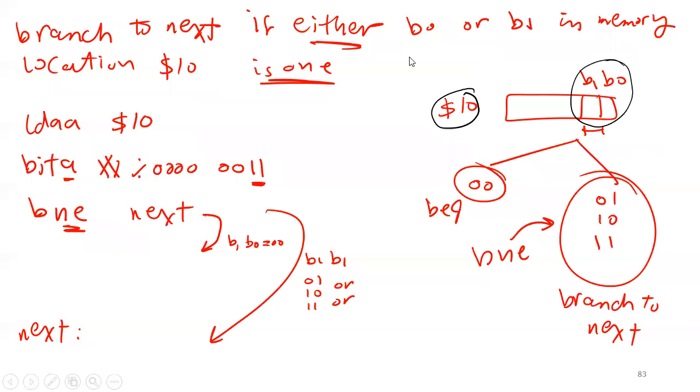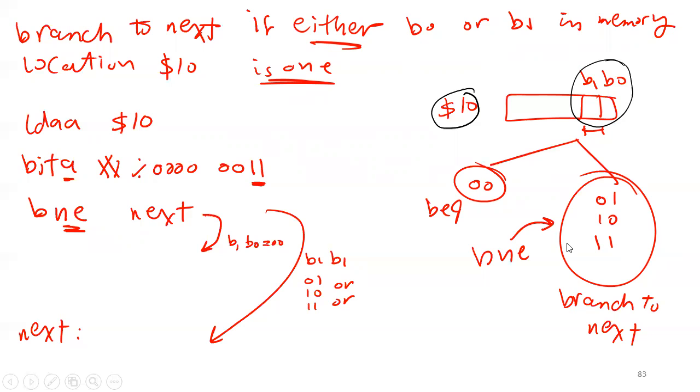I'm saying if either is 1. So I'm going to make the cases: 0,0 is one case, and then 0,1, 1,0, and 1,1. The branch has to be taken in these cases. Either B0 or B1 means at least one of them is 1.